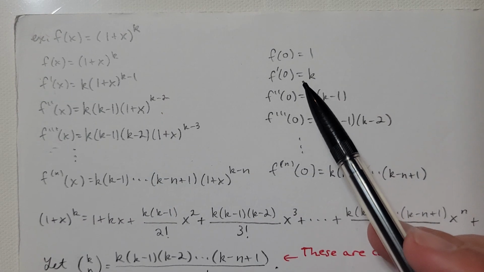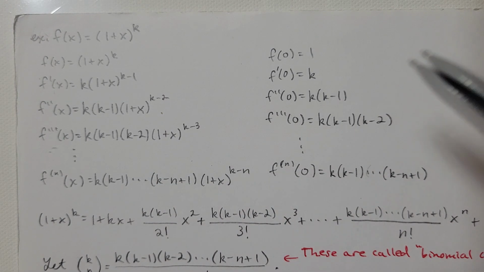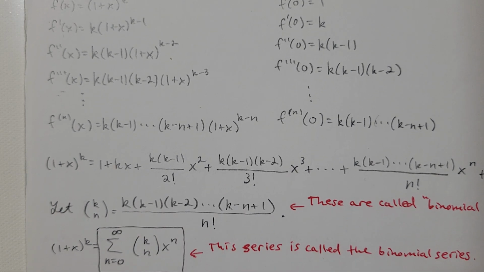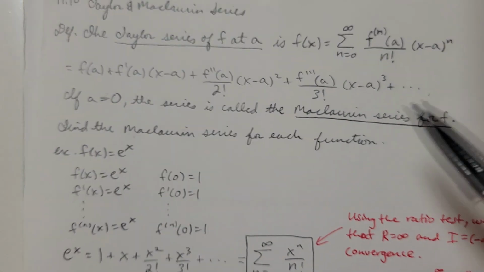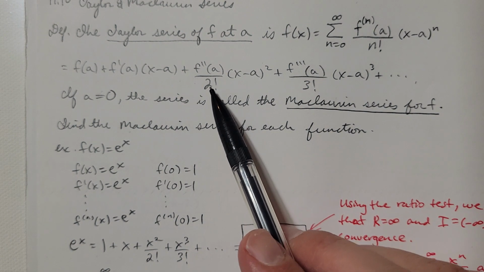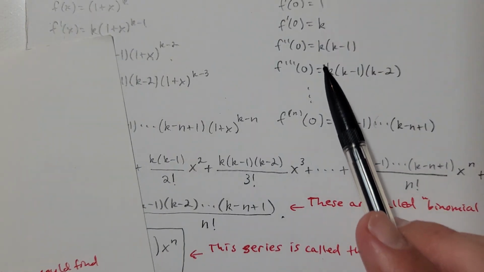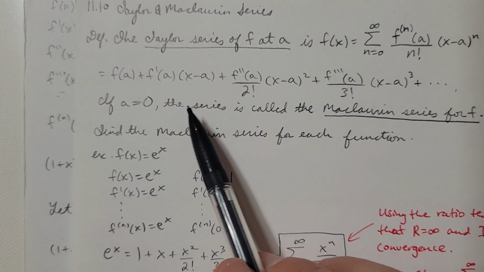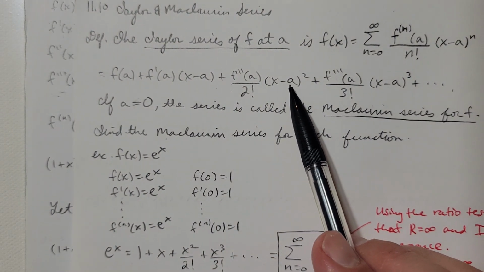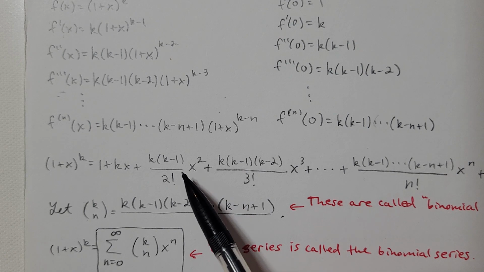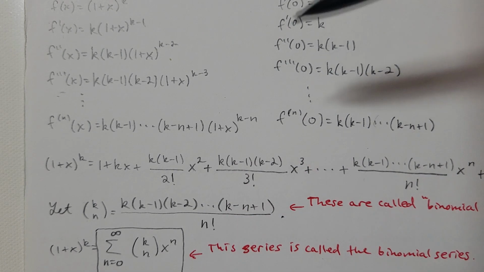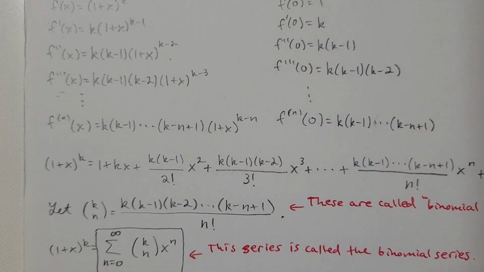So f prime of 0 is k times x. And then plus f double prime of 0 divided by 2 factorial. F double prime of 0 is k times k minus 1, divided by 2 factorial times x minus 0 squared. Okay, so that's going to be k times k minus 1 divided by 2 factorial times x squared.